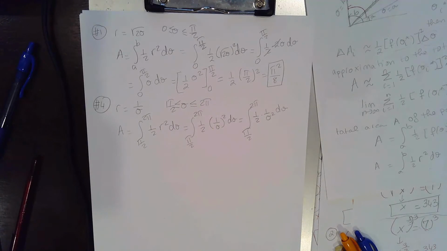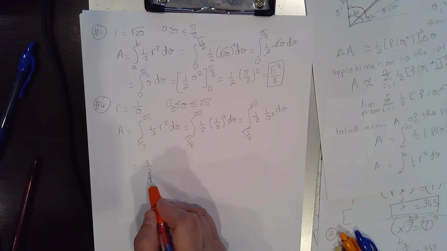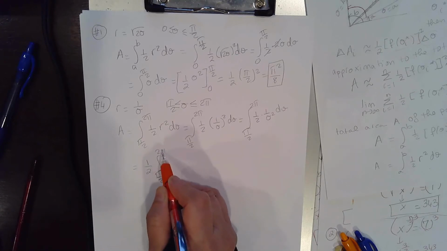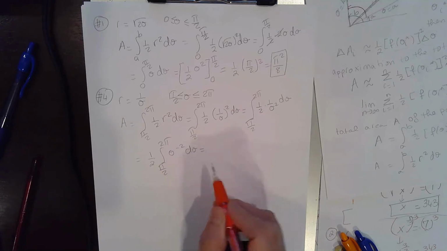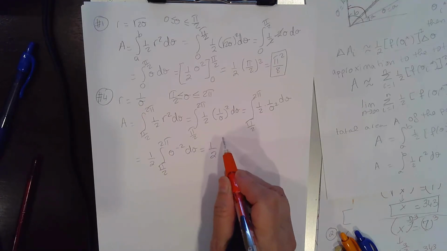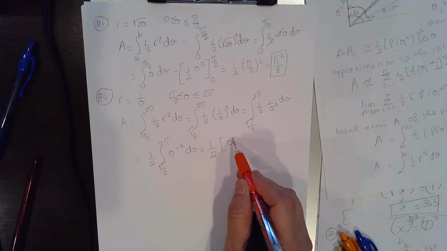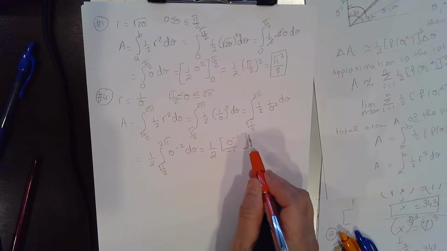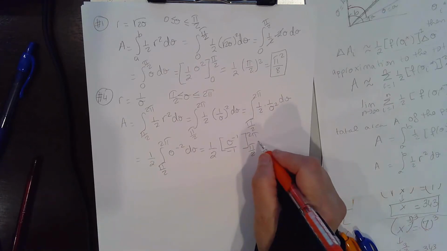Okay, so you can, if you want, pull out the 1/2, you take it to the numerator. What does that give us here? That's 1/2, the integral from pi over 2 to 2 pi, and you take it to the top, theta to the -2 d theta, and that is 1/2 times -2 plus 1 is -1 over -1, going from pi over 2 to 2 pi, which is the same as 1/2.